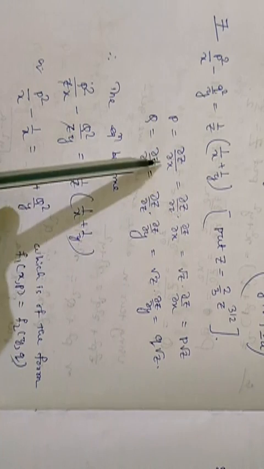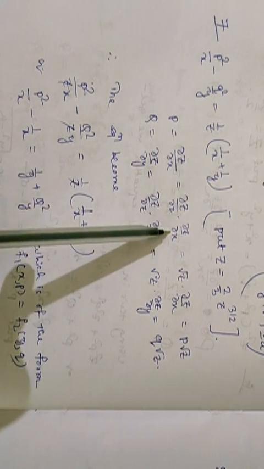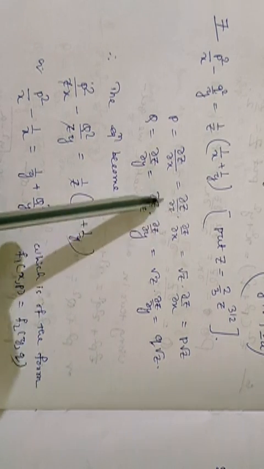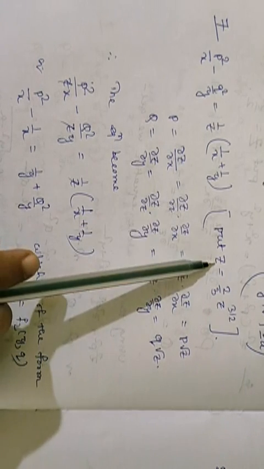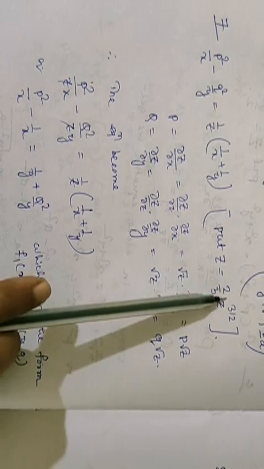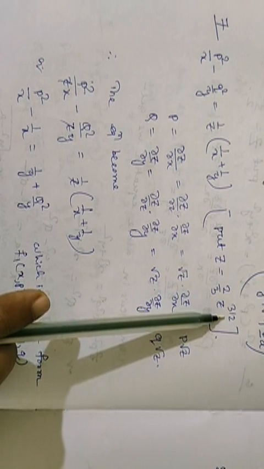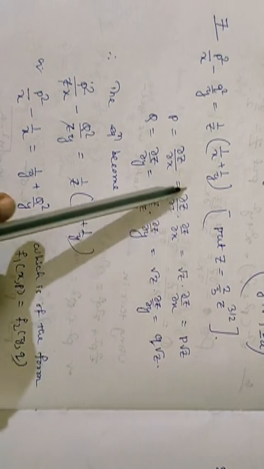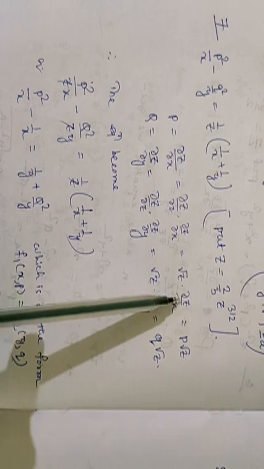Now del Z by del z is 2 by 3 into 3 by 2 z to the power 3 by 2 minus 1, that is z to the power 1 by 2. So del Z by del z is root z, root z into del z by del x.